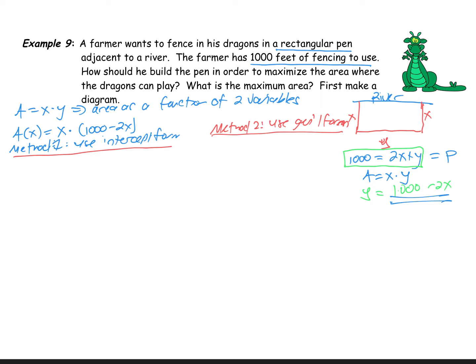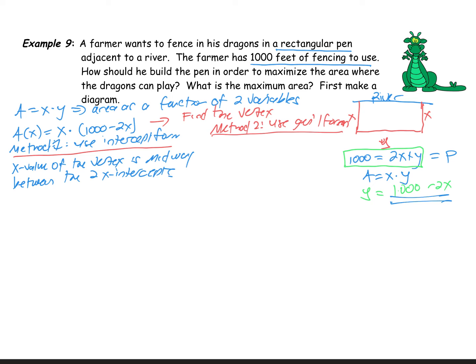So in both cases, our goal here is to find the vertex because that's where the maximum area is going to occur. If a function is given to us in intercept form, the x value of the vertex is midway between the two x-intercepts. So let's find the x-intercepts.